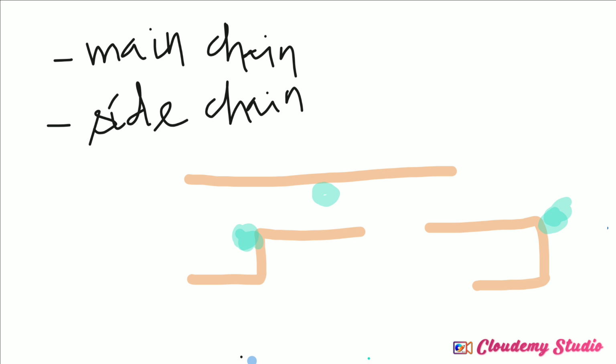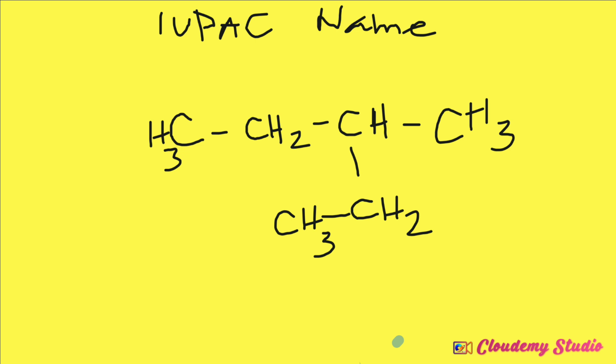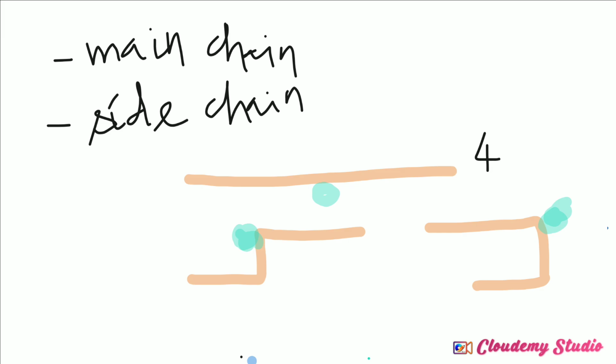Here also 4 carbon atoms. In this order, how many carbon atoms in the chain? The chain goes this way, it starts from here and goes like that. 1 2 3 4. By this way also, the total number of carbon atoms in the chain is 4.